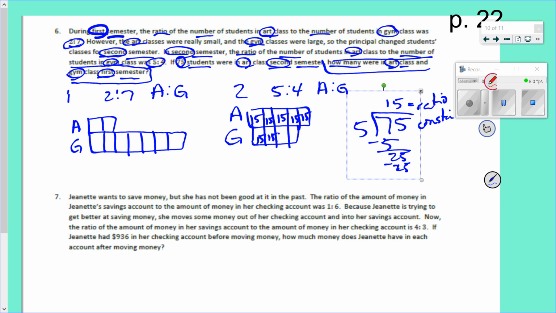Now, one thing about this one is the number of boxes for both semesters and the number of students is the same. I have 9 boxes in first semester, 9 boxes in second semester. So that means that my ratio constant for first semester is also 15 for every box.